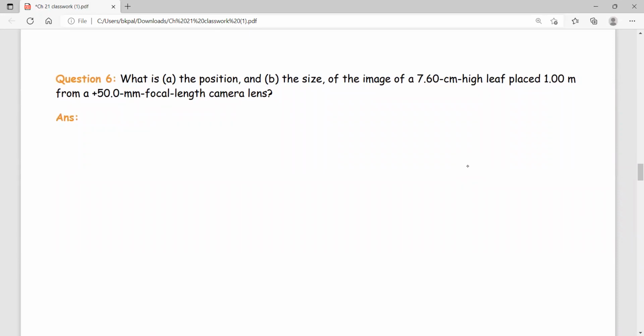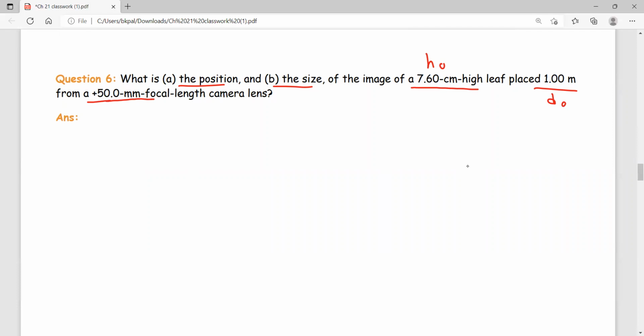All right, the first one: we have to calculate the position and the size of the image of a centimeter-high leaf. So this is HO, placed 1 meter from, so this is DO, and from a plus 50 millimeter focal length camera lens.